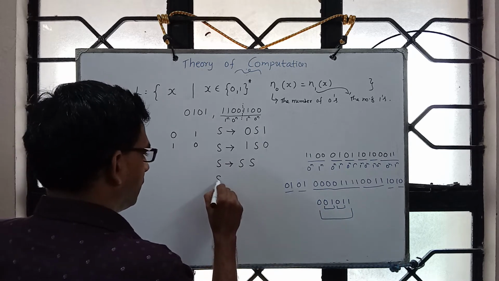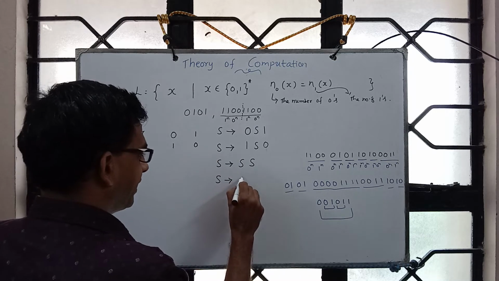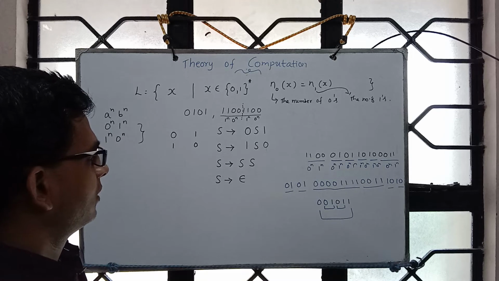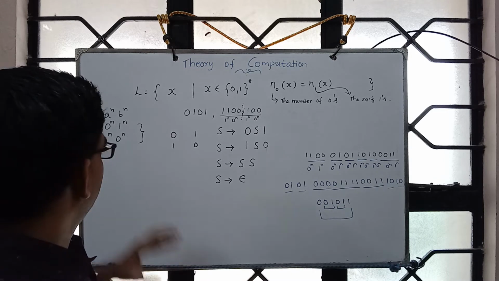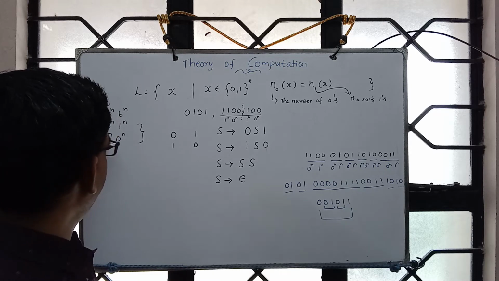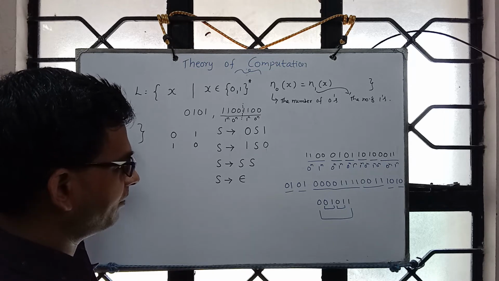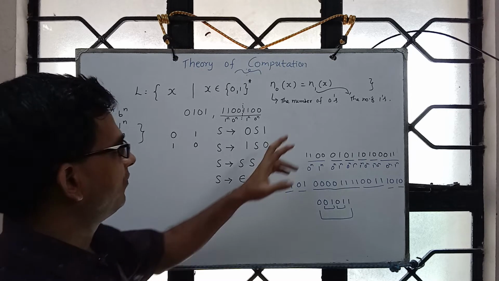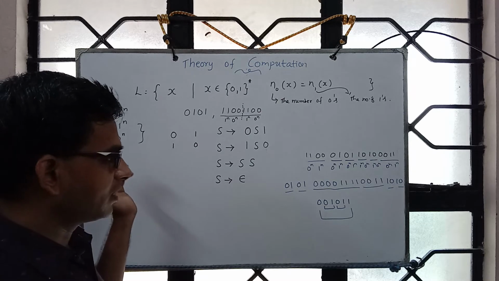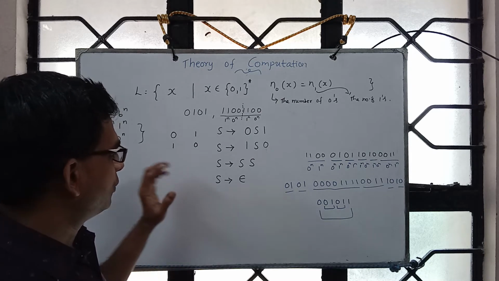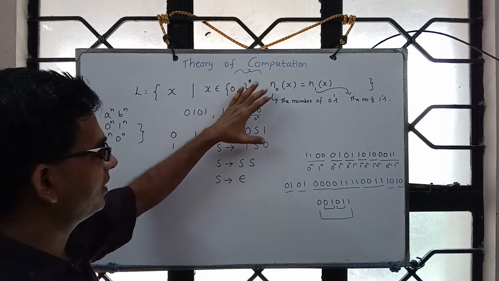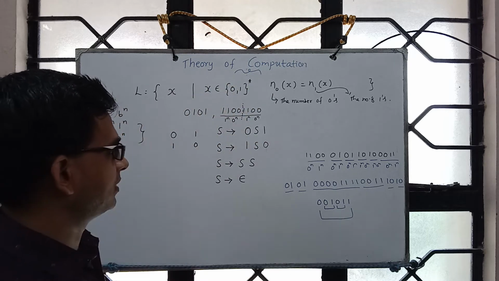Fine. Now somewhere I have to terminate, right? So I say S implies epsilon. So that's all. We just use this, which is what I was referring to earlier. Once you know basic CFGs, when we get a question like this, which is a generalization of something known to us, we should try modifying this to known CFGs.